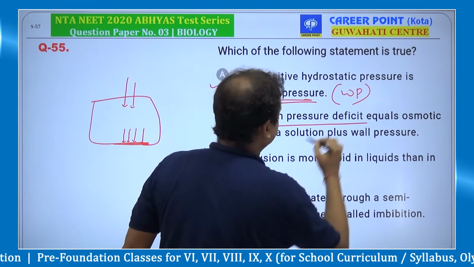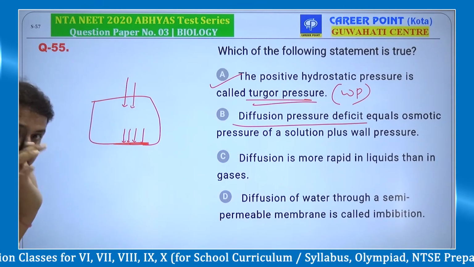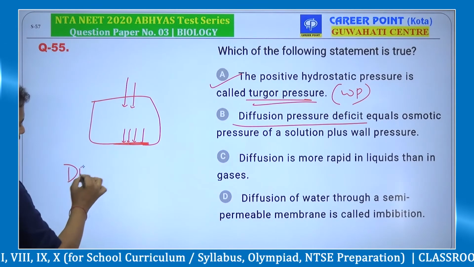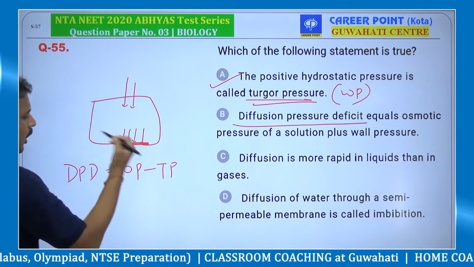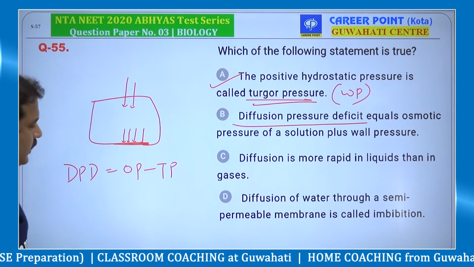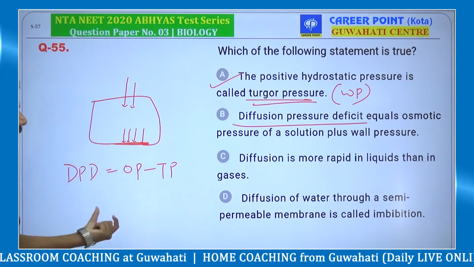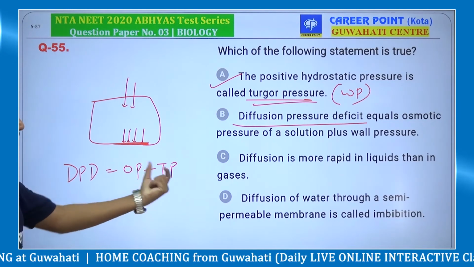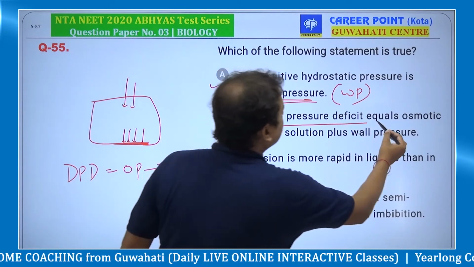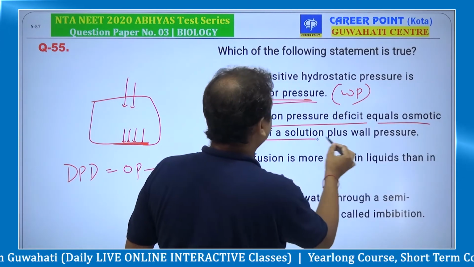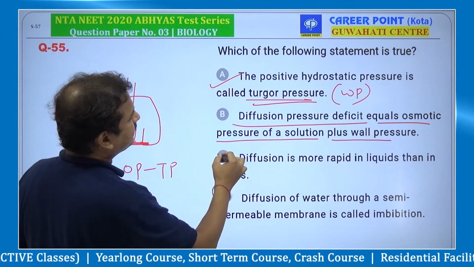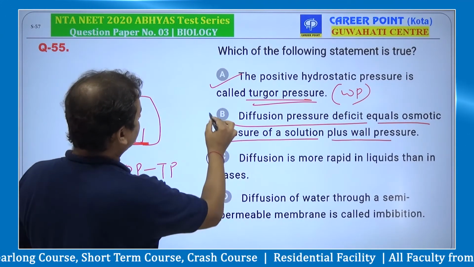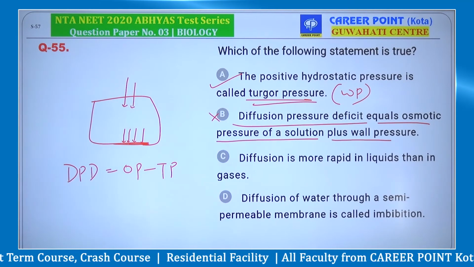Diffusion pressure deficit, actually it is not in your NCERT book, but please remember one statement, DPD is equal to OP minus TP. That means osmotic pressure minus turgor pressure. So diffusion pressure deficit is equal to osmotic pressure minus turgor pressure. Here you see it says equals osmotic pressure of a solution plus wall pressure. No, so it is wrong. Clear?